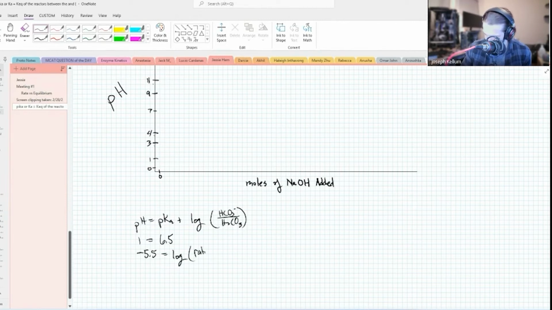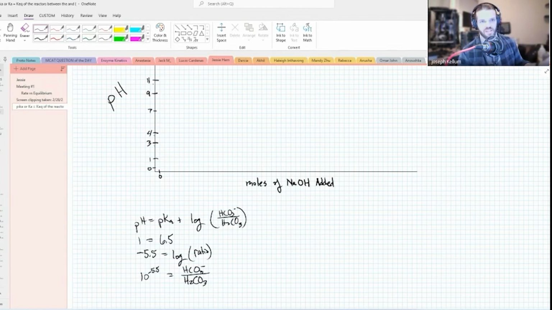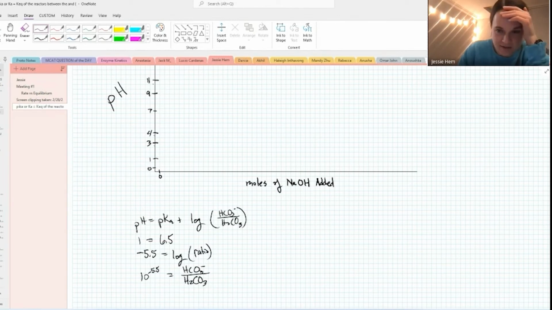That tells you that you've got 10 to the negative 5.5 of the thing dissociated for every one that is associated. So all of that acid is associated at that point, and none of it has really dissociated yet.